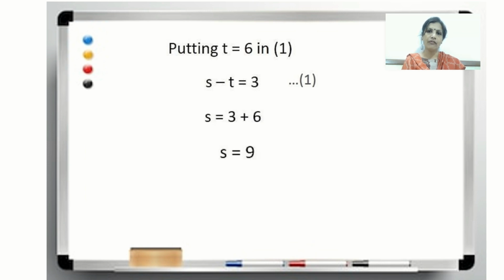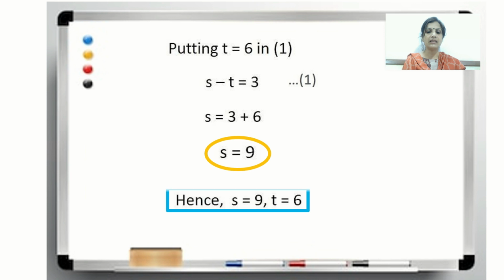So the value of s is 9. Thus we can find out the value of both the variables in the given pair of linear equations by substitution method. In our example, we got the value of s as 9 and the value of t as 6.